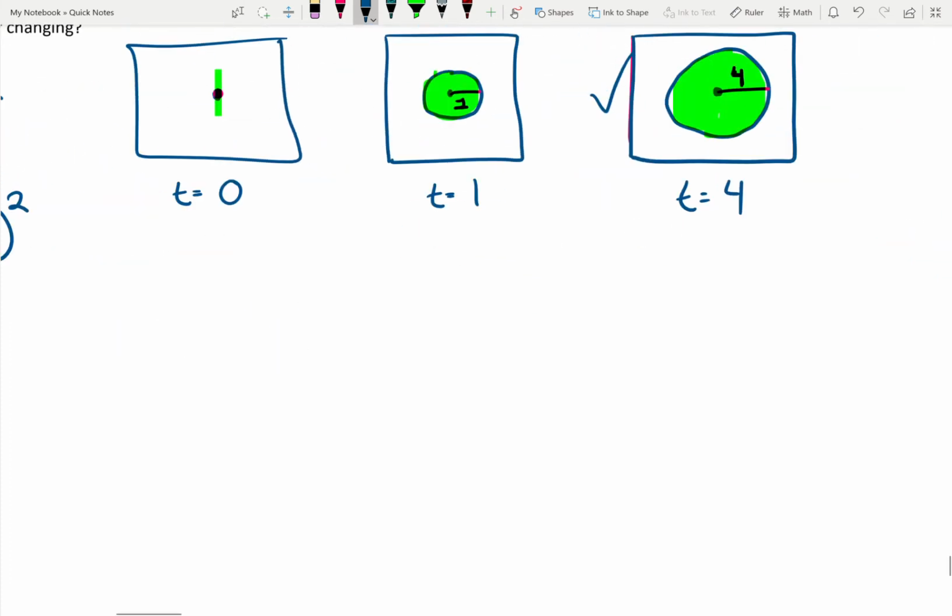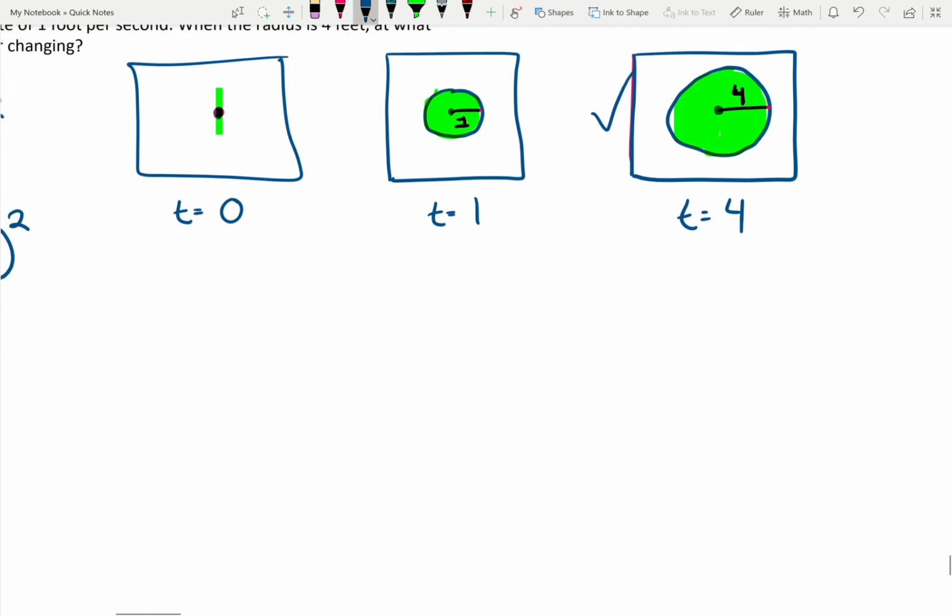We know this from these pictures: my radius is 0, then my radius is 1 foot after 1 second passes.